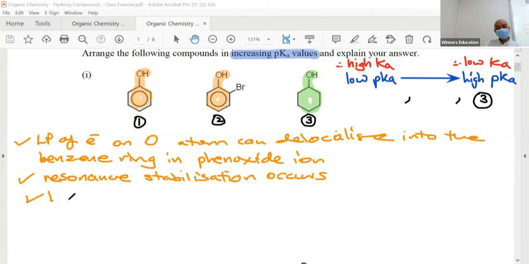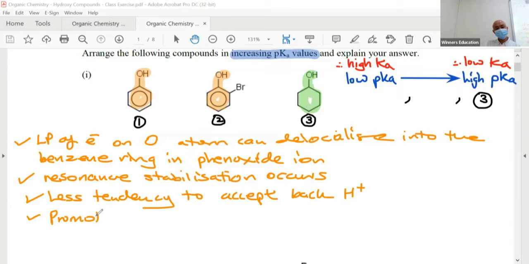And then less tendency. First one, I'll write a bit more, later I'll summarize further, right? To accept back the H+, right? We always assume they have given out the H+. Remember when we talk about acidity? Which means they promote ionization process.